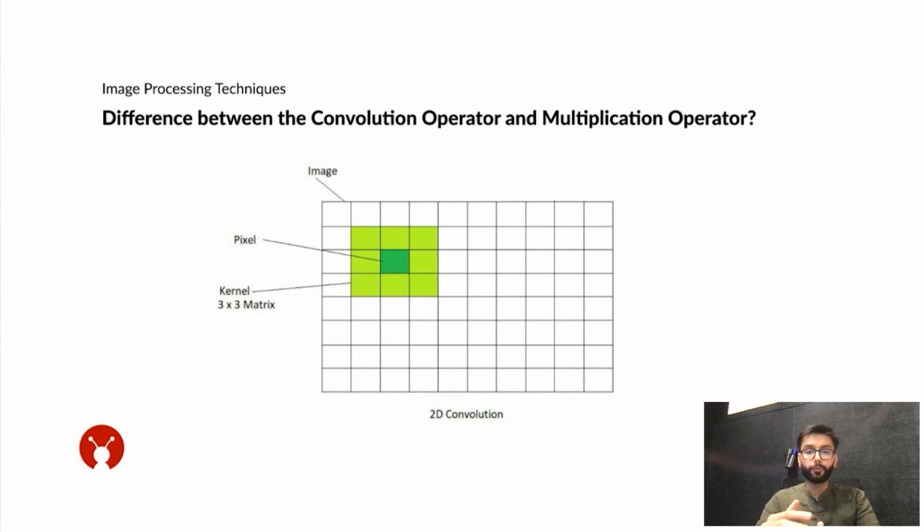The kernel you can select of any size. For example, I have selected a 3 cross 3 matrix here. So the kernel slides over the entire image, instead of multiplying the matrices with each other. It will traverse through each pixel, and then give you the results. This is how the convolution operator generally works.